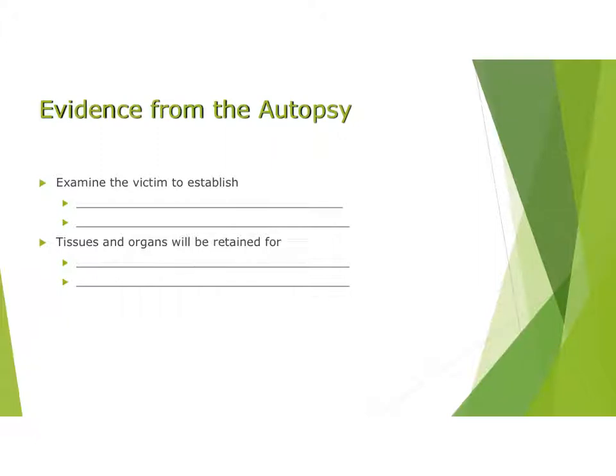So let's hear your autopsy again. Now we know our cause of death. We didn't talk about mechanism of death. Remember, the mechanism of death is a specific body physiological response. So evidence from the autopsy, the medical examiner or the coroner, if you just have an elected official, is there to establish both the cause of death and the manner of death, we said.